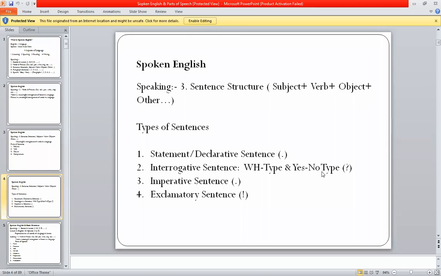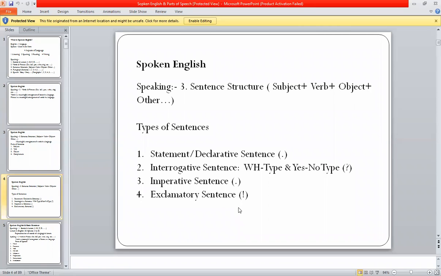Okay, that comes under the imperative sentence. For example, close the door, okay, shut the window, okay, pick up the duster. Okay, these are called as the imperative sentences. And last one is exclamatory sentences.